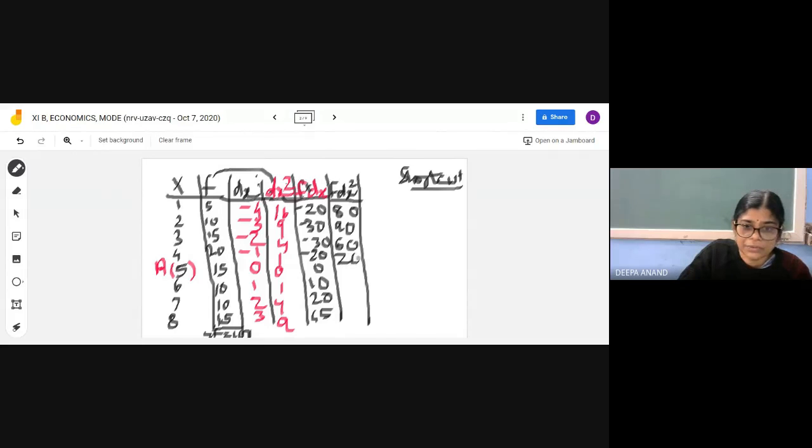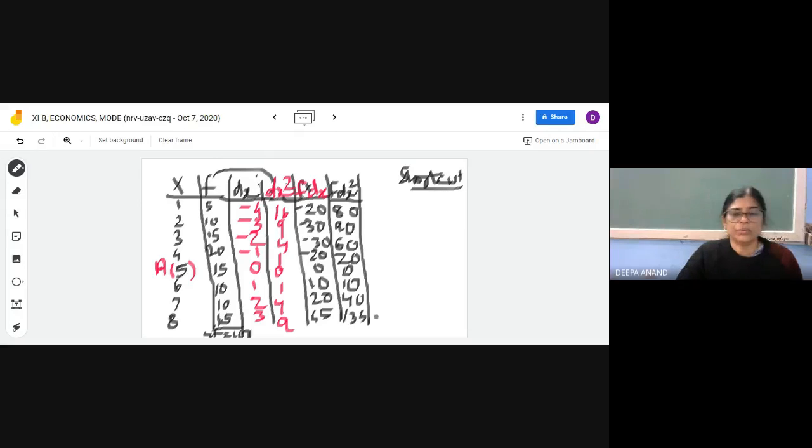Then 0. What we are doing? F column into dx square column. 10 into 1 is 10. 10 into 4 is 40. And 15 into 9 is 135.